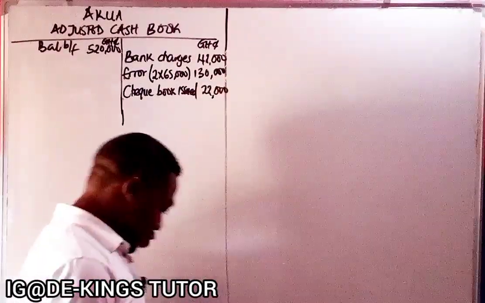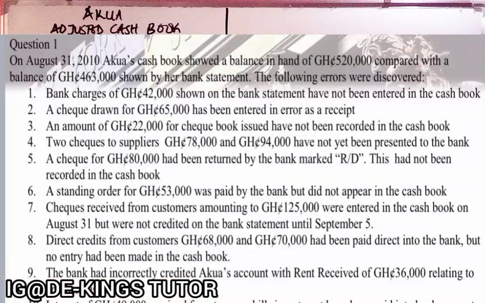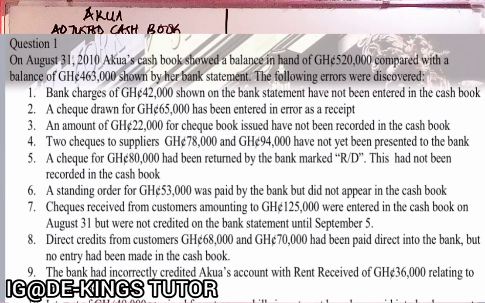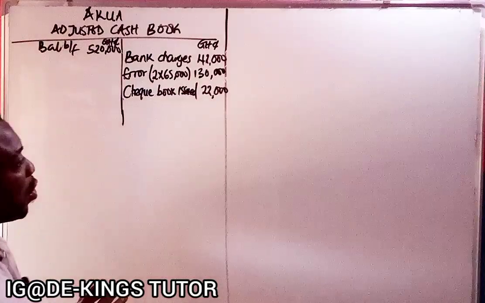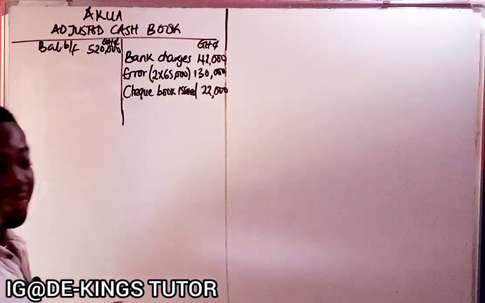The next one says two checks to suppliers, 78,000 Ghana cedis and 94,000 Ghana cedis, have not yet been presented to the bank. That is what we call unpresented checks.